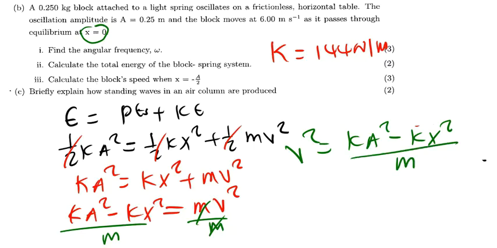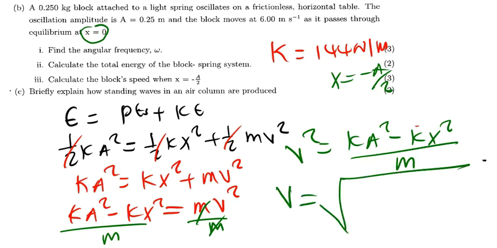But we've been told that where there is x, put negative a over 2. So let's go ahead and do that. Initially this is going to be the square root. So it will be the root of k, and where there is x we put negative a over 2, but we square it, then divided by m.